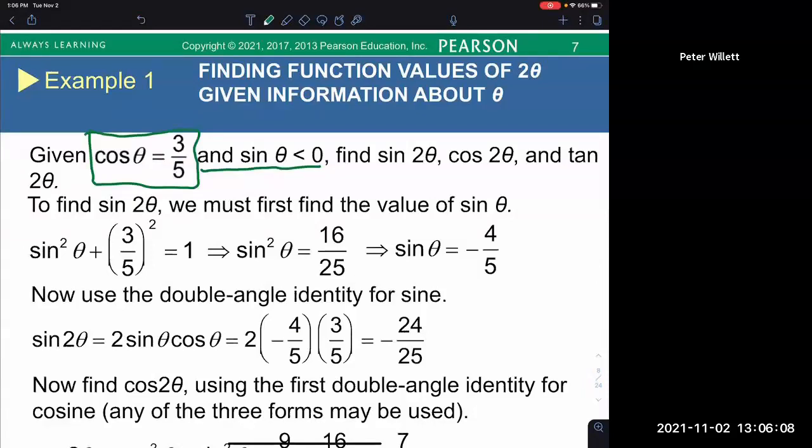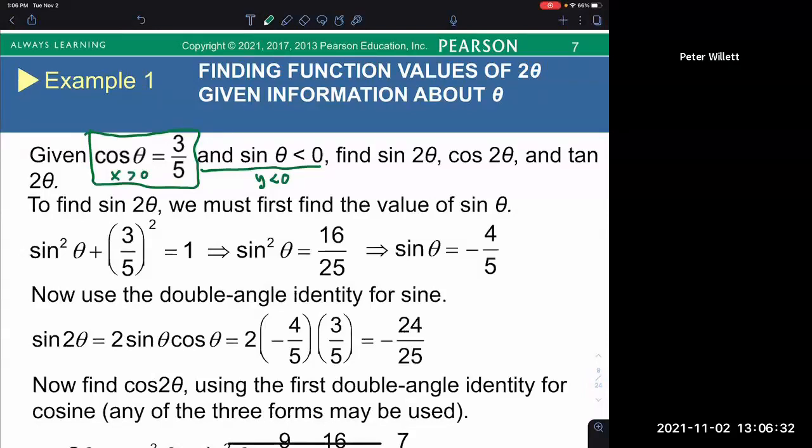And when we know cosine theta is 3/5, cosine is positive, then we basically know that we have a point where the x value is positive and the y value is negative. So this tells us the y value of the point is negative. And this tells you the x value of the point is 3/5, but specifically that it's positive.